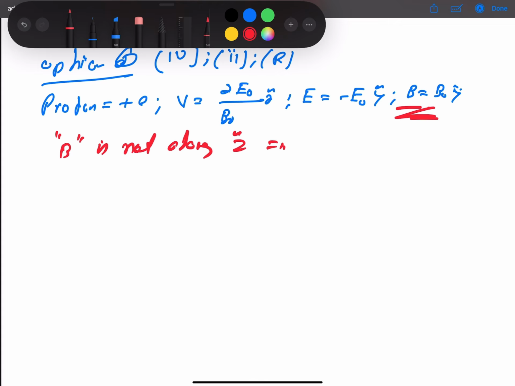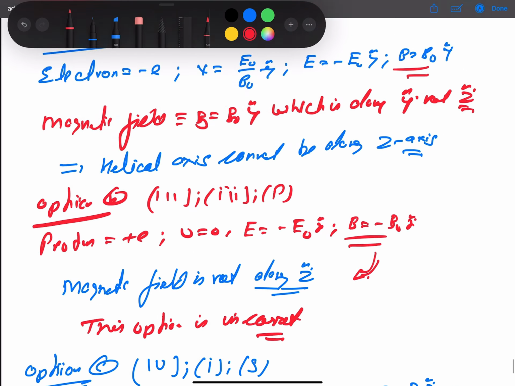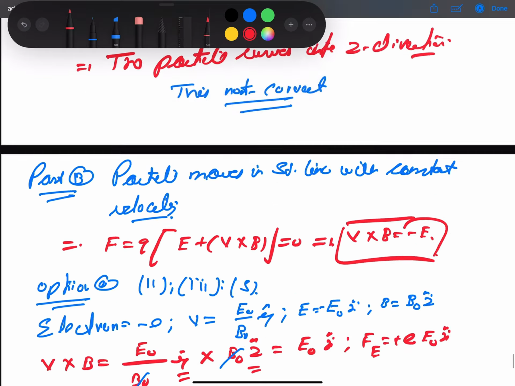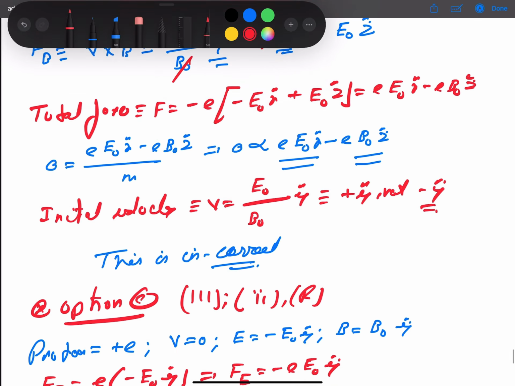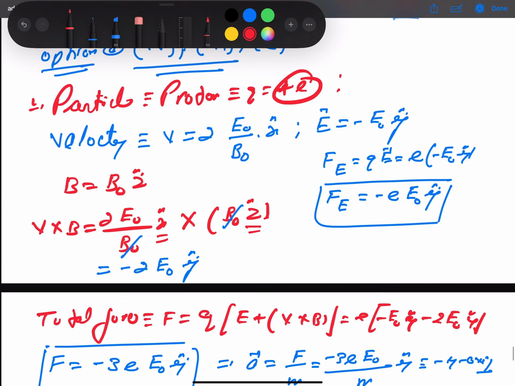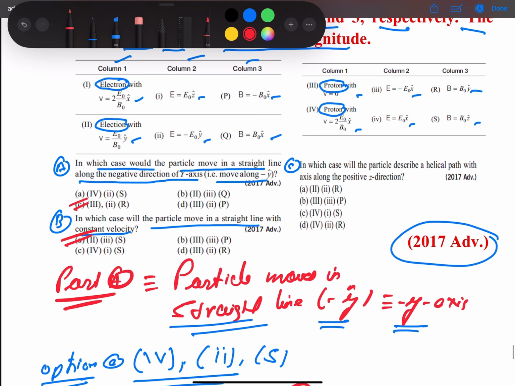So this option is incorrect. Therefore, option C for this last part is correct.